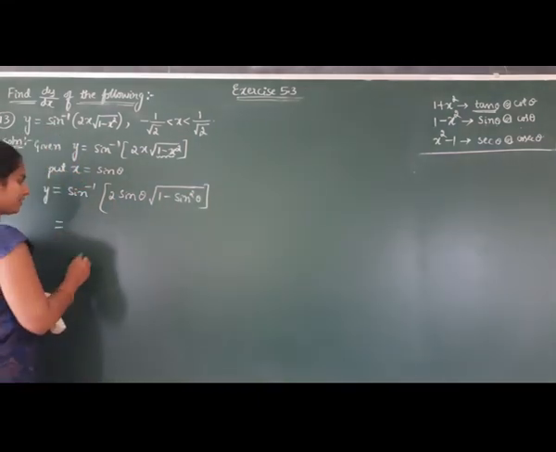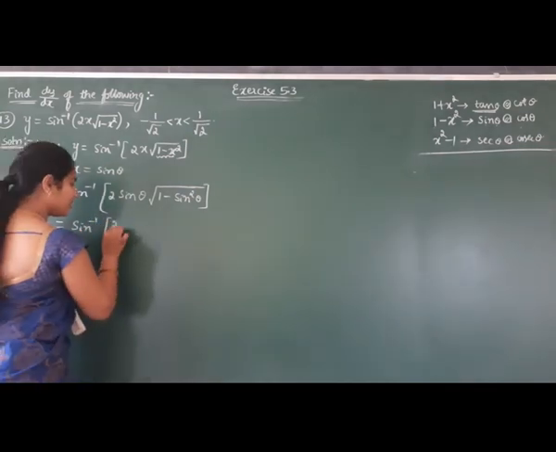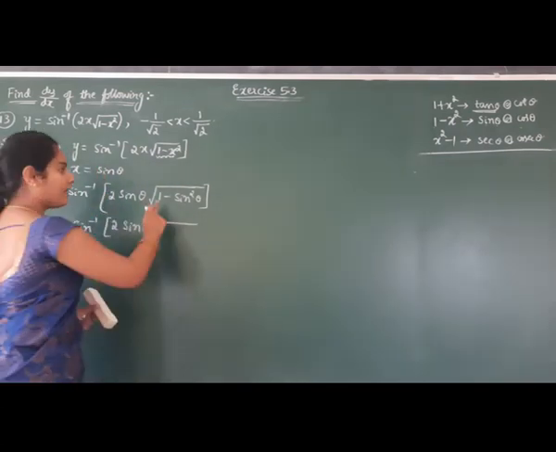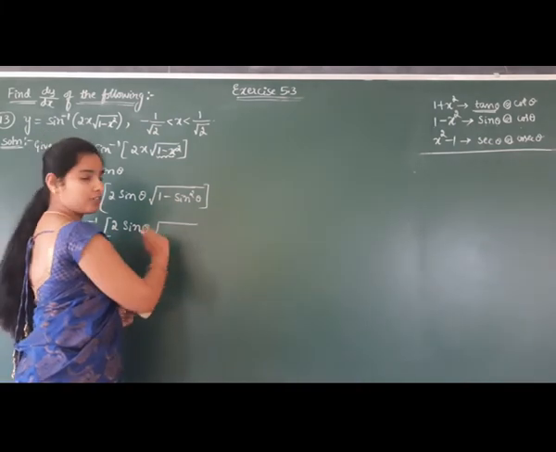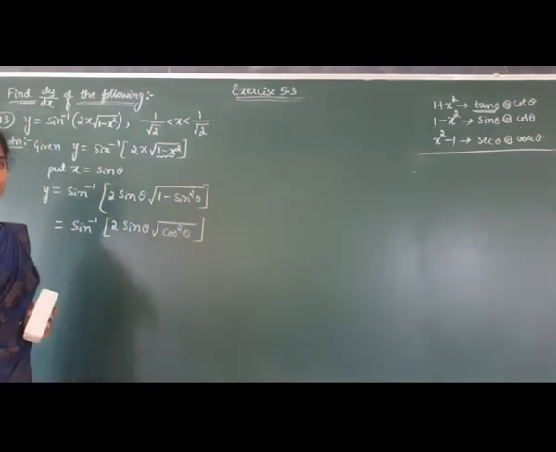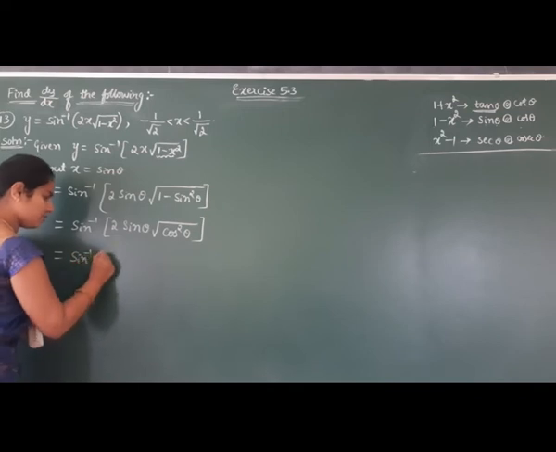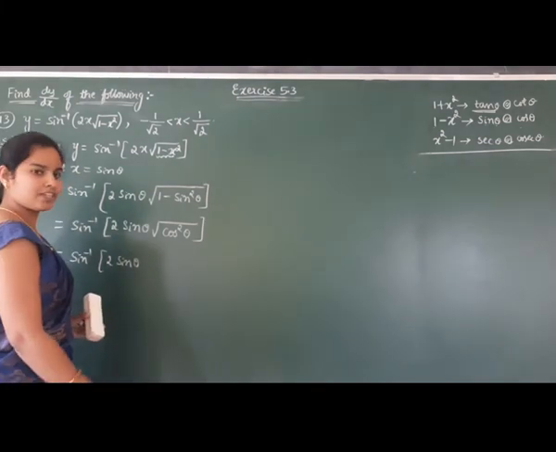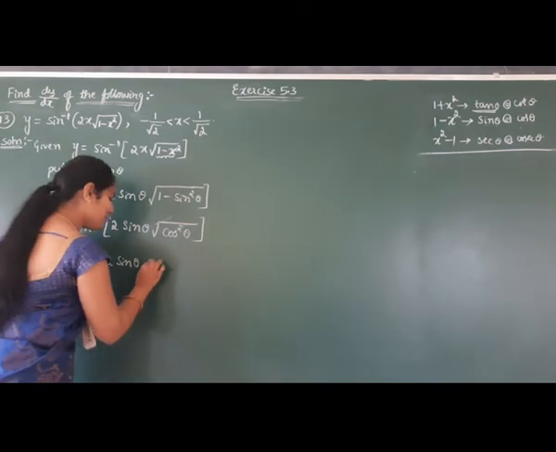This is equal to sin inverse of 2 sin theta into square root of, so 1 minus sin square theta is cos square theta, right? So then we have sin inverse of 2 sin theta into square root of cos square theta. Here the square root and square cancel, then we have cos theta.